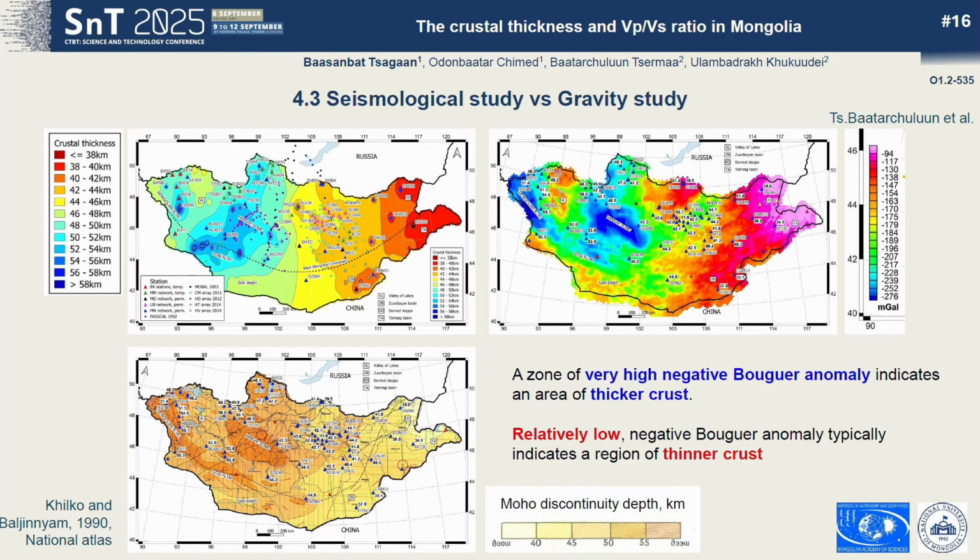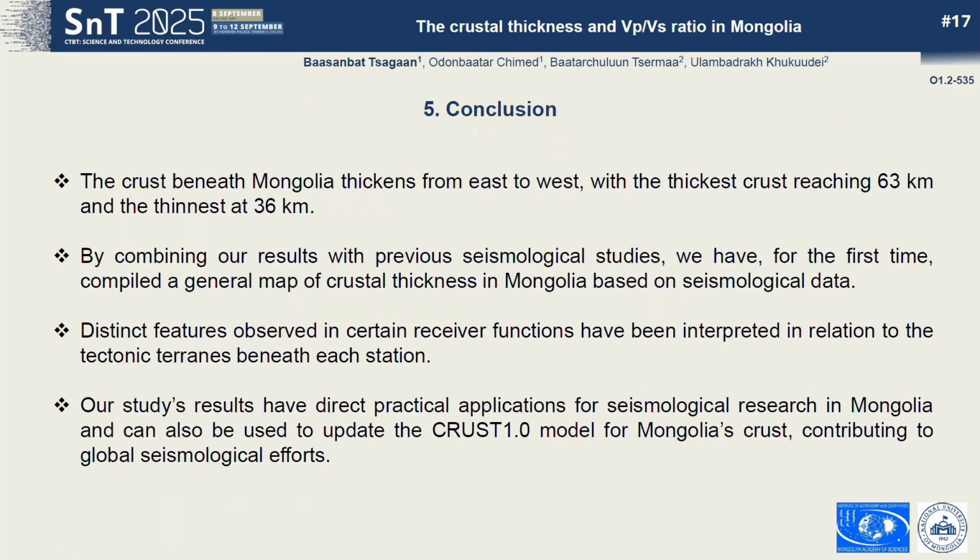This clear similarity between these two maps suggests a meaningful correlation. We believe that integrating multiple geophysical methods with seismological study will greatly improve our understanding of Mongolia's crustal structure.